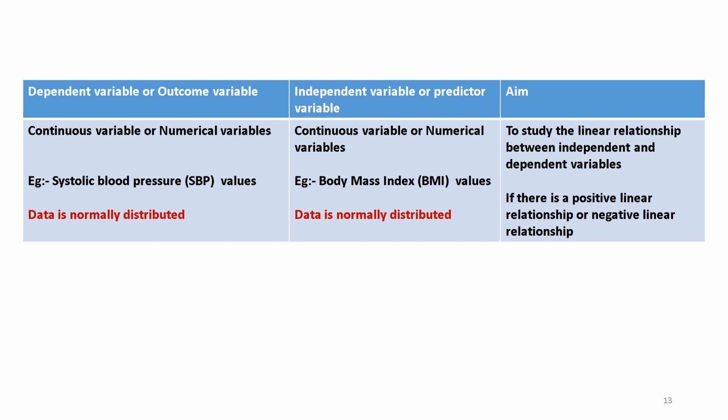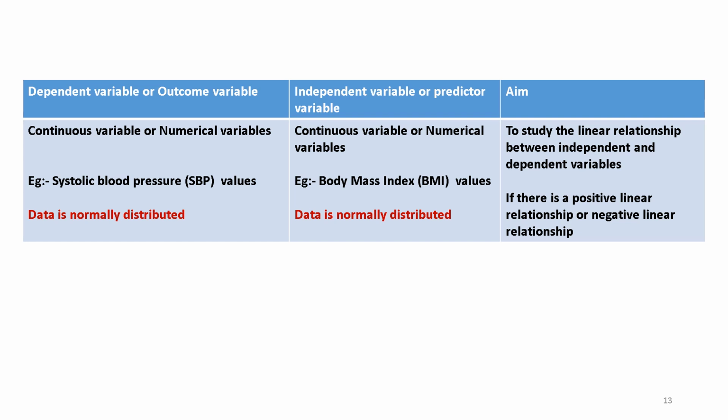What we are checking: is there any linear relationship between the dependent variable and independent variable? Is there any linear relationship between body mass index and systolic blood pressure? Okay, we all know that as body mass index increases, systolic blood pressure increases. So there is a linear relationship, right?